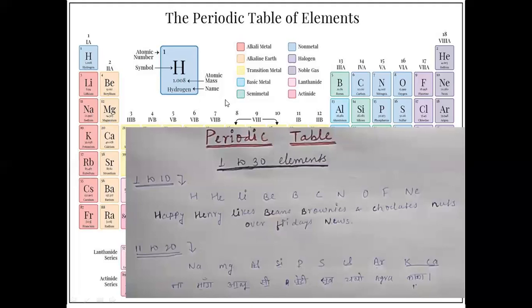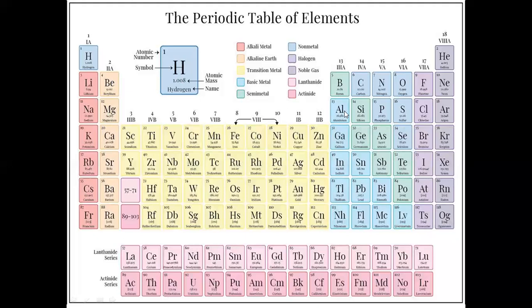Then groups 3 to 12 are known as transition elements, which are not in our syllabus. Then from group 16 and 17 onwards, they are post-transition elements.